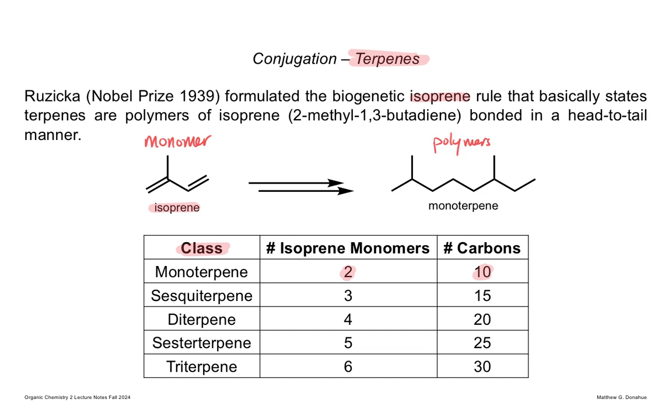And so what happens really in plants is that this isoprene or isoprene equivalent will polymerize, and then these enzymes come in and cyclize it, and you get these structures, and we'll show some of those on the next couple slides. So we have mono, sesqui, di. This next one, sester, that means 2.5, and then tri.